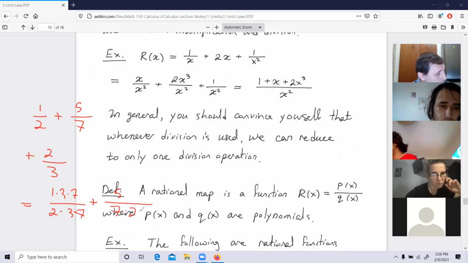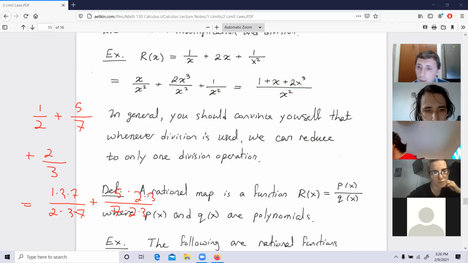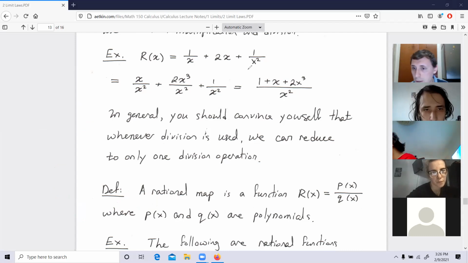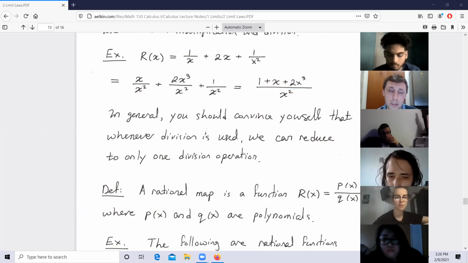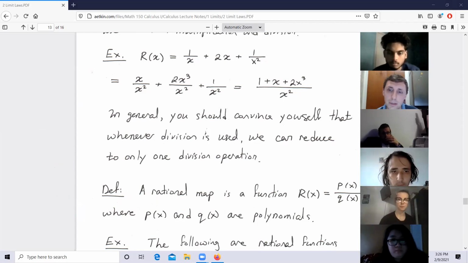We need a 2 and we need a 3. So it's 5 times 2 times 3. Yeah, and onwards. So you understand what I'm saying, right? It's the same exact reason that you had for adding fractions. You'll remember how to add fractions, right? I wrote it kind of negligently, but you all remember how to add fractions.